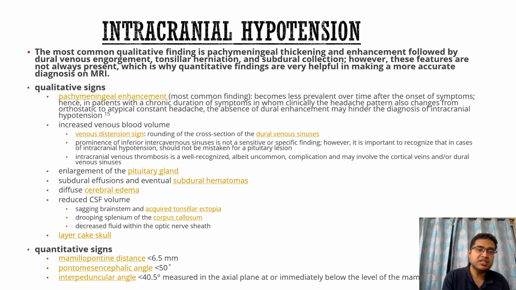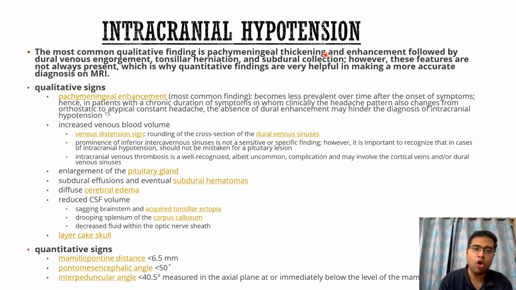Now coming to the imaging features of spontaneous or primary intracranial hypotension. Why I have kept this particular case in my discussion is that whenever you suspect a case of intracranial hypotension, which needs a high clinical suspicion, you have to take a contrast image of the MRI. Why is that?